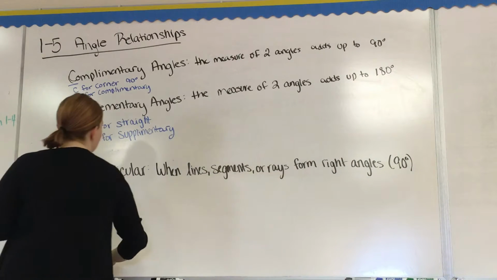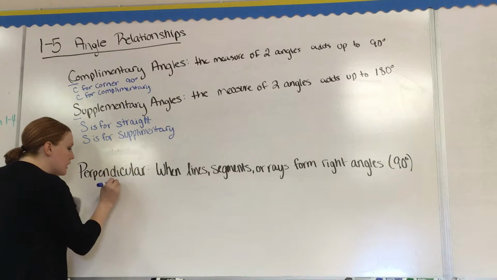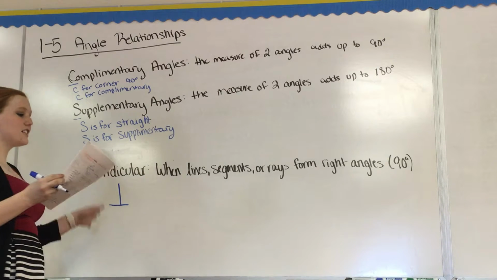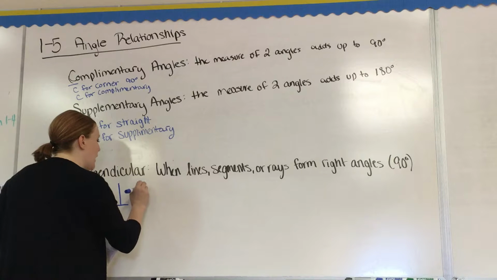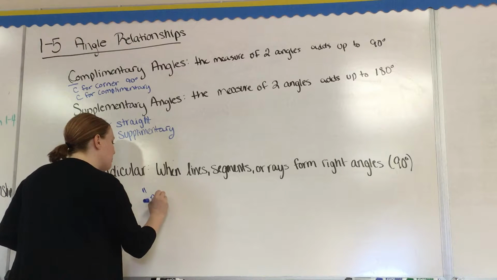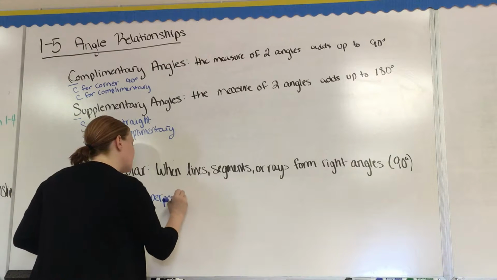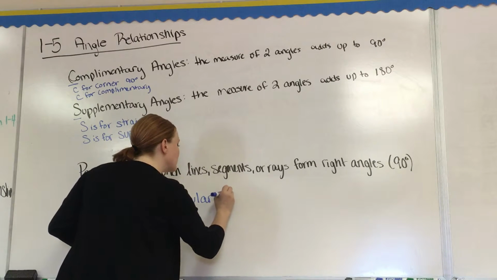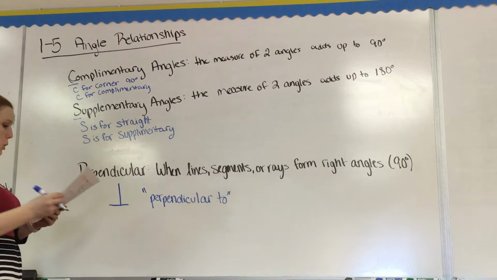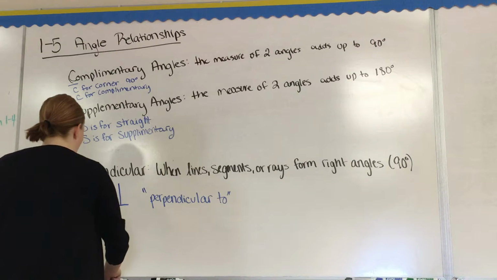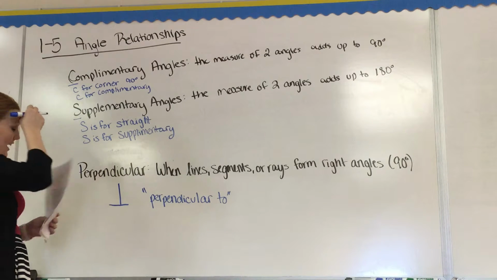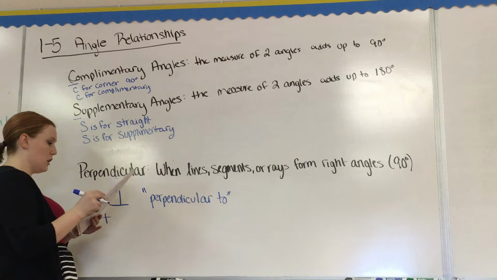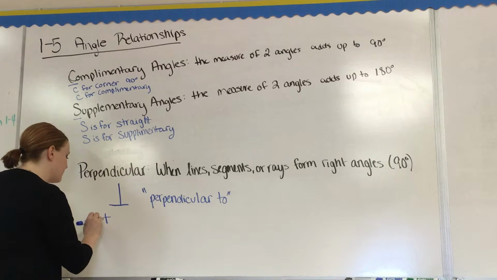And the symbol for perpendicular, just so you know, is a straight up line and then a line like this. So that's the symbol for perpendicular, and it's read perpendicular to. Some other notes about perpendicular lines. When perpendicular lines intersect, they form four right angles.